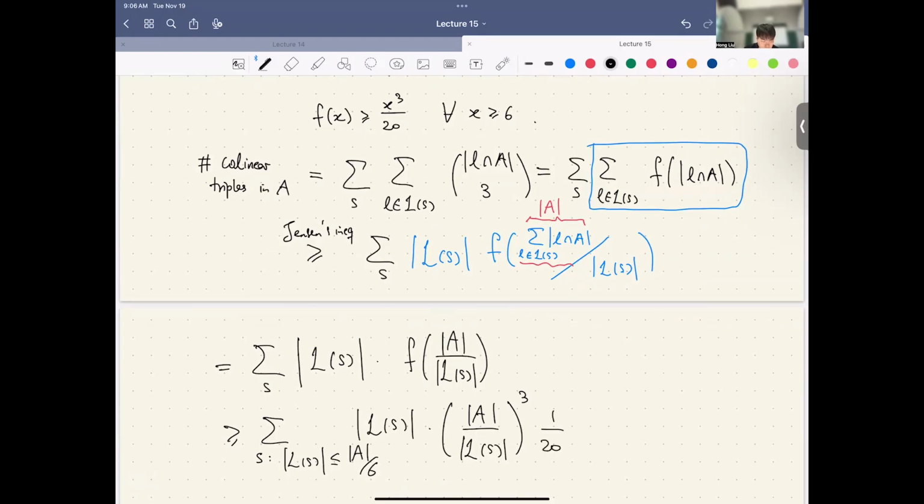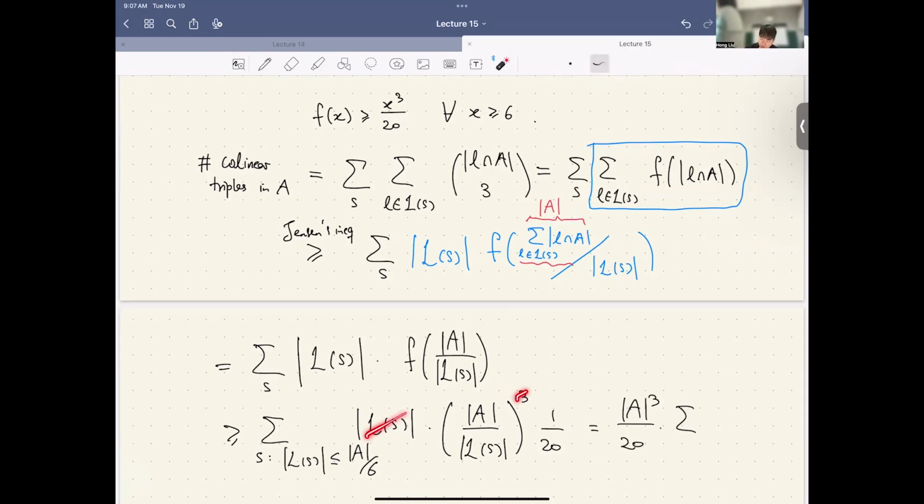That equals A cubed over 20 times the sum. One power cancels out. You have 1 over L_S squared, summed over the directions where the number of lines in this direction is at most A over 6.